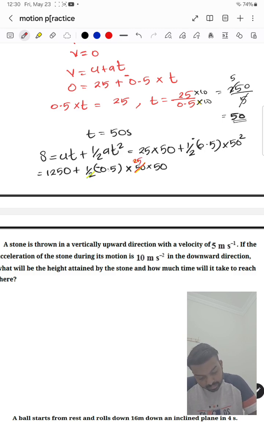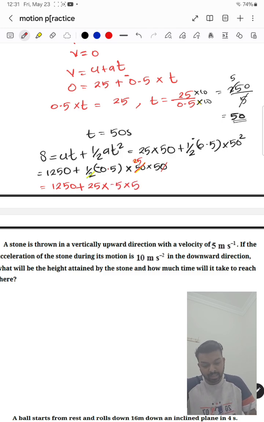This will become 5, because when it is multiplied with the other one it goes. So 1250 plus this half, and this becomes 25, right? So this will be 25 into this 0.5 into 50. I'm cancelling this 0 so that we can multiply it as 5 into 5. It is minus 5 into 5. So it becomes 1250 plus 25 into 25 again, isn't it?